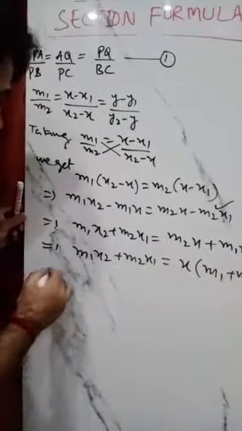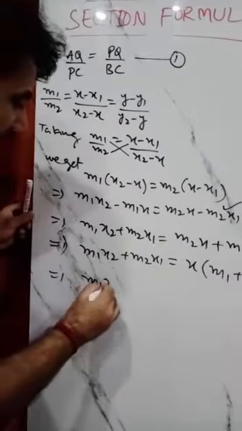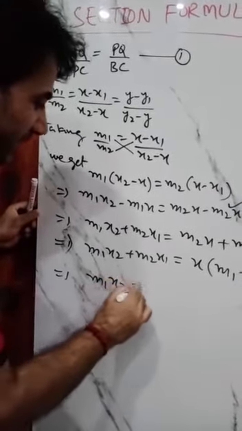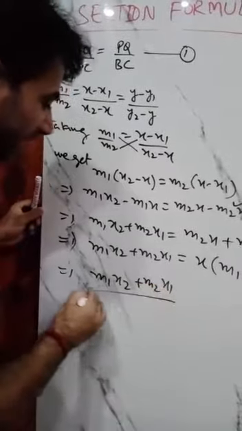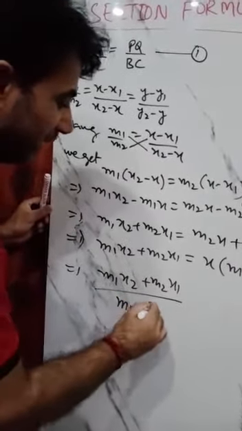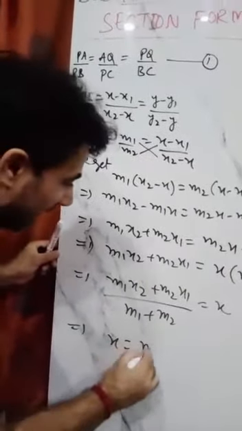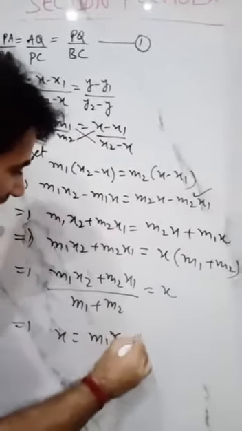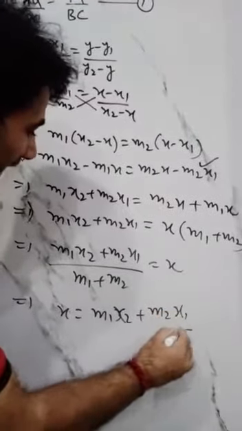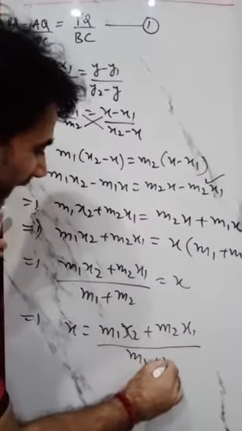So x is equal to m1x2 plus m2x1 upon m1 plus m2.